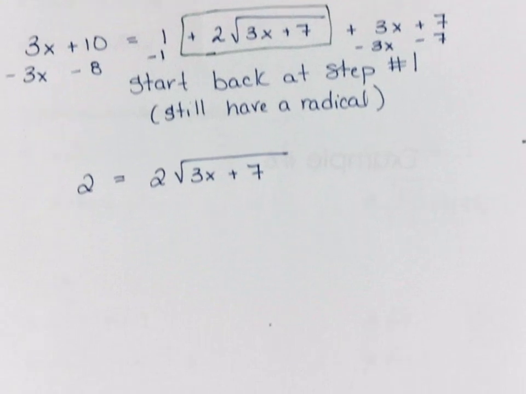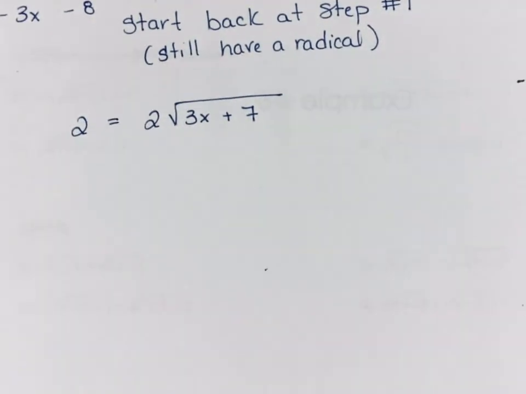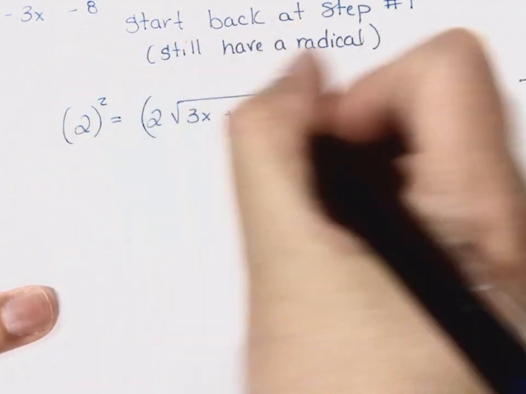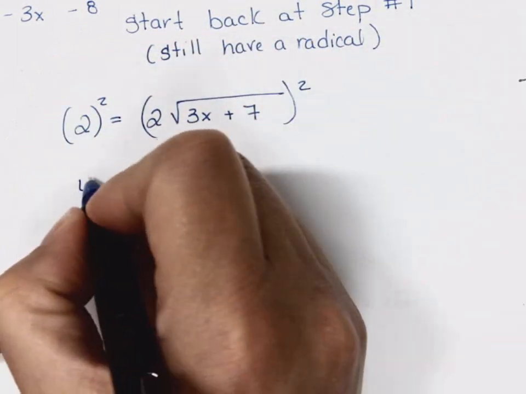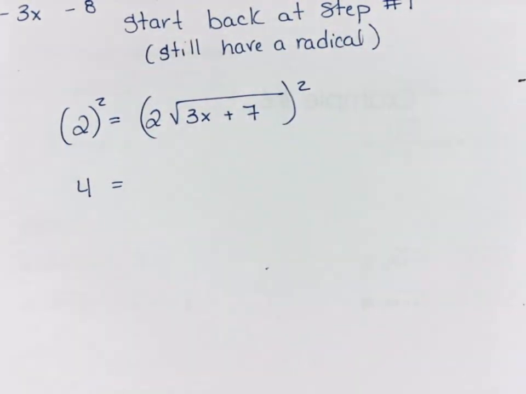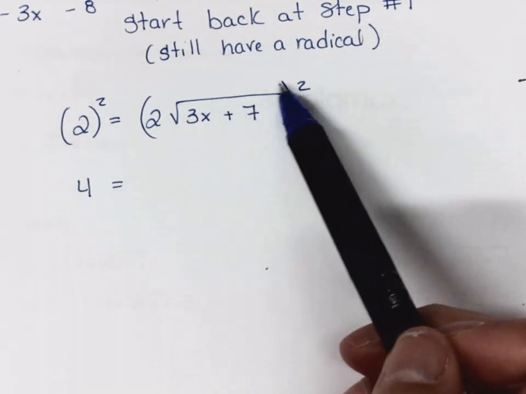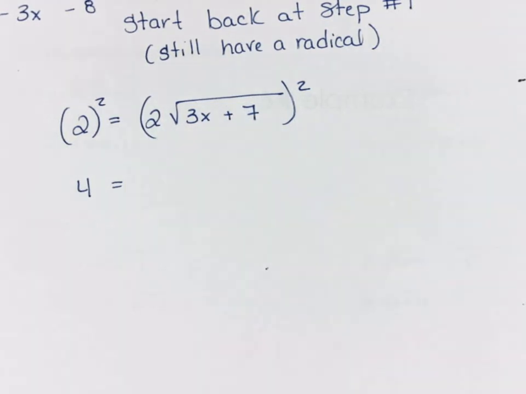Okay, so we're back at step 1. We've completed step 1, so we're going to do step 2 now. We're going to square both sides. Biggest mistake I see is although this squared cancels out this root sign, you have a coefficient this time. What do you have to do with the coefficient?